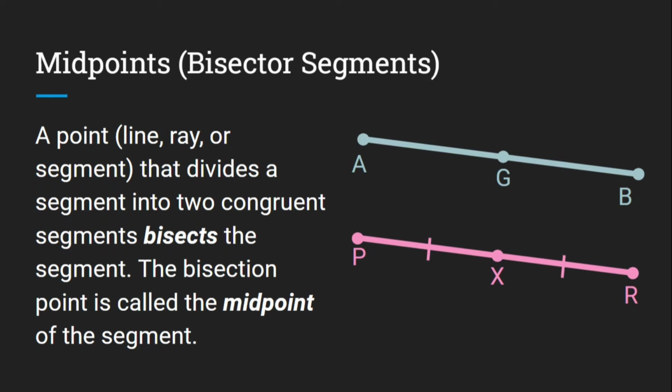Now, in reference to the diagram drawn to the right, we have two segments, segment AB and segment PR. Both of them seem to have a midpoint, but we cannot assume for certain that point G is the midpoint of segment AB. But we can assume point X is the midpoint of segment PR because the diagram shows that segment PX is congruent to segment XR.